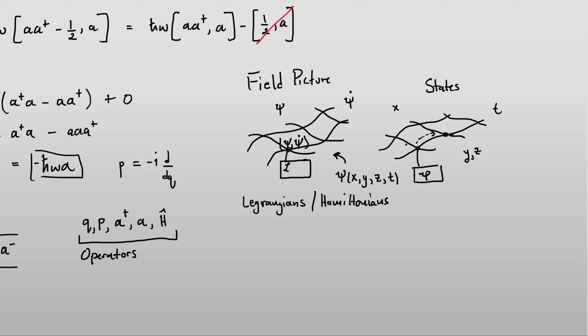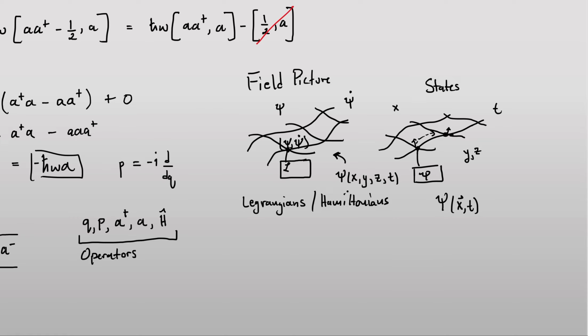We can imagine our states being described by some vector at each location in space. These states again are functions of space and a function of time.